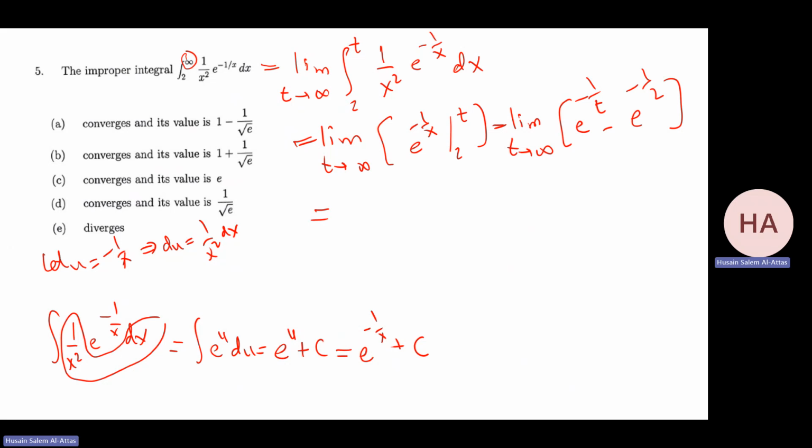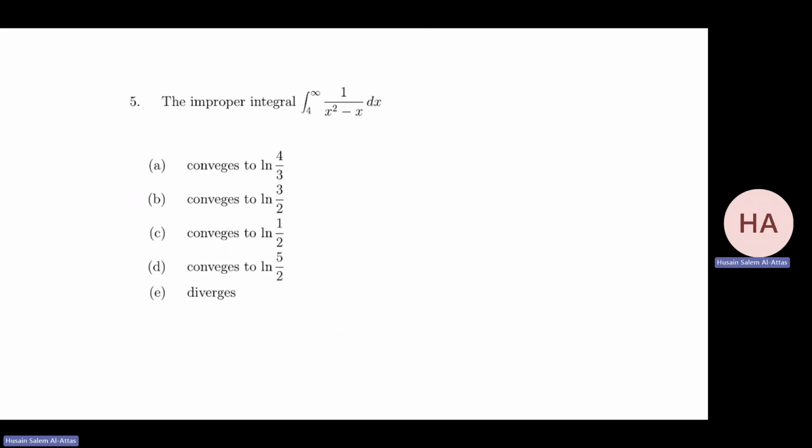Take the limit. I know if t goes to infinity, then minus 1 over t will go to 0. So e to the minus 1 over t goes to 1. So that will be 1 minus e to the minus half, which is 1 over e to the power half, or 1 over the square root of e. That will be the answer. It converges and its value is this.